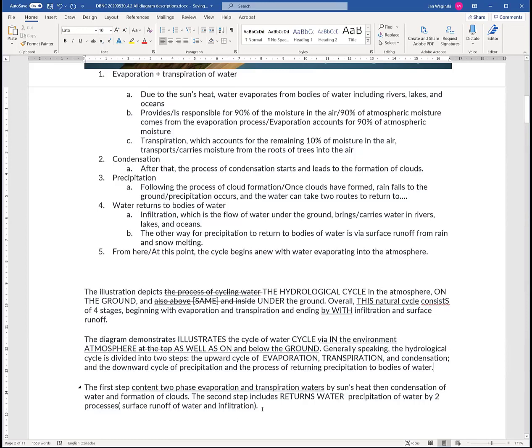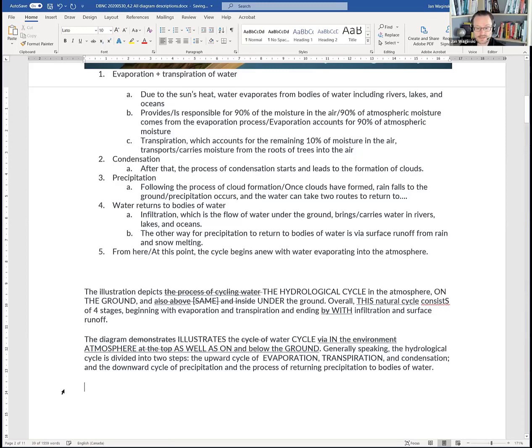Infiltration and surface runoff. Yep, you don't need that for the general overview. You can put it if you want to. But you want a general overview that's actually general, because if you put too many details in your general overview, then it becomes quite repetitive to include those same details a couple lines later.